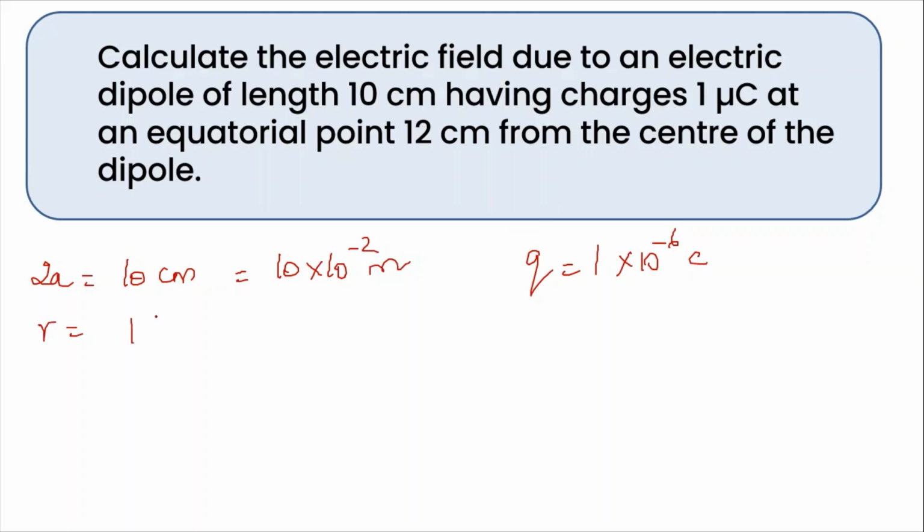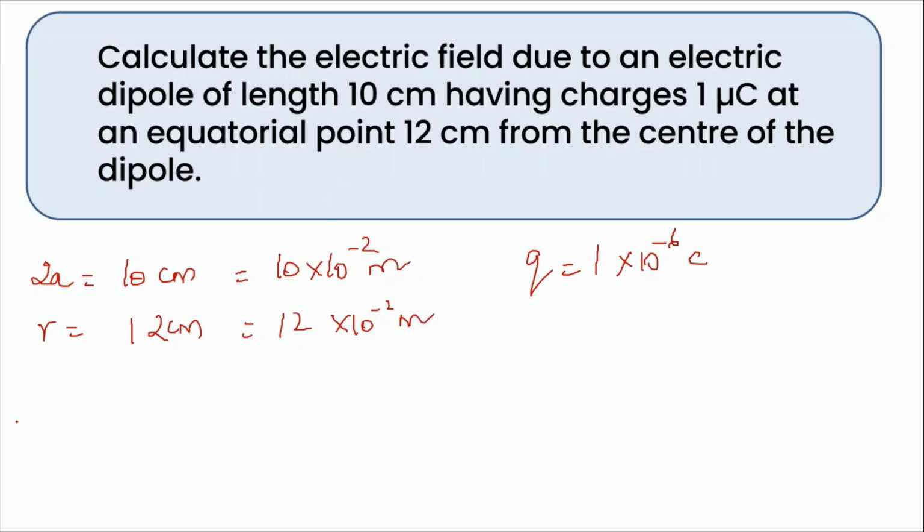So it is 10 power minus 6 coulomb. R is 12 centimeter, which means it is 12 into 10 power minus 2 meter. Now this R and A, if you check, are the powers the same? R is a little bit greater than A, but not so much greater than A, so you cannot ignore the value of A. You have to substitute in the first expression.